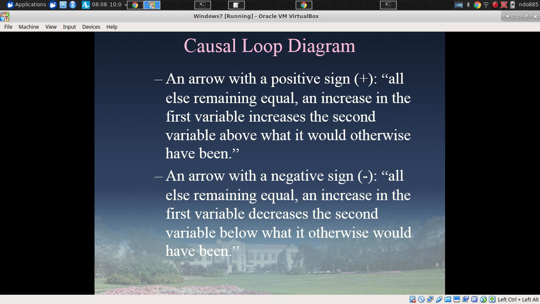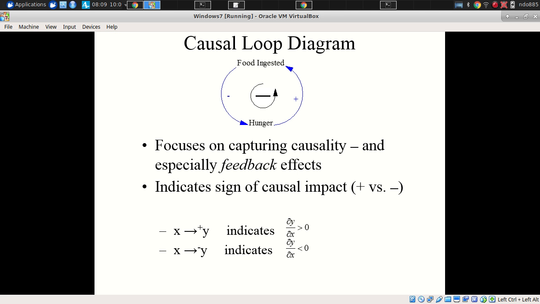All other things being equal, if nothing else specifically is changing at the same time, if we're only changing A, it'll tend to lead B to be higher than the value it otherwise would have had. So we're not saying if hunger goes up, food ingested rises over time. We're just saying if we're hungry, we'll tend to eat more food than if we were not hungry, all other things being equal.